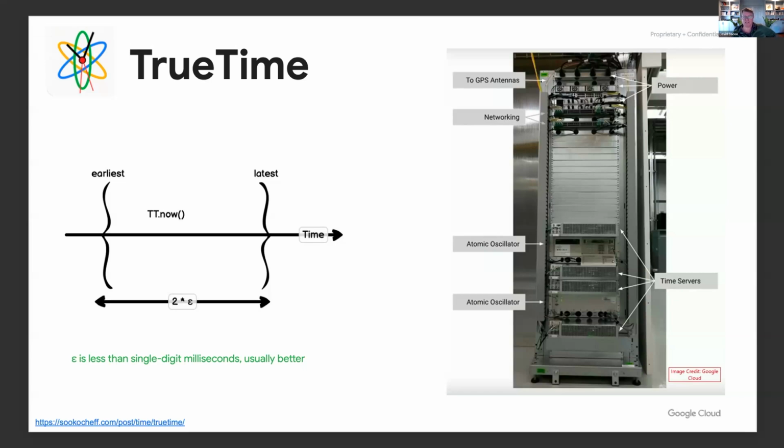So in each data center, we have these time servers which are using multiple GPS systems to get a coordinated time signal, and then multiple atomic oscillators to act as super high resolution timekeepers.